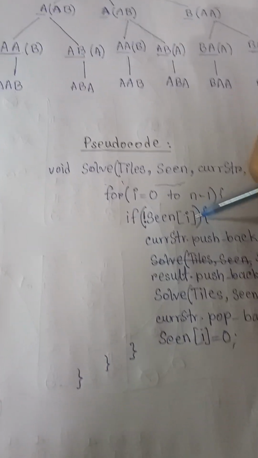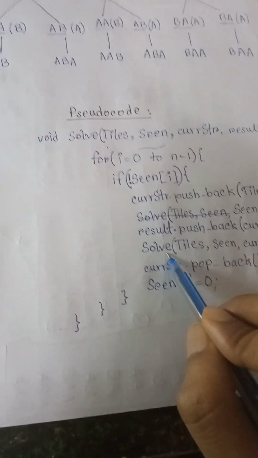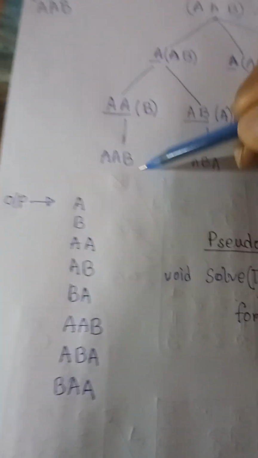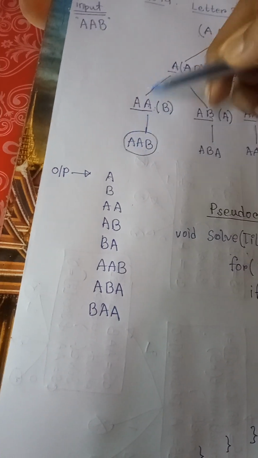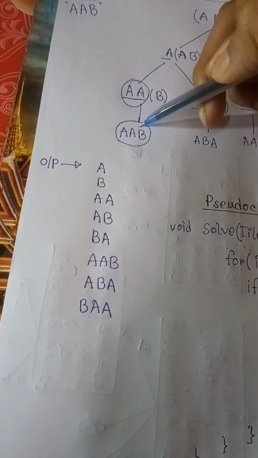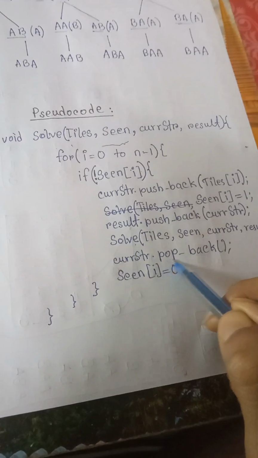So I think you have understood. Now I again call this function, and while backtracking, like here in this case, this string AAB becomes AA, so I am popping the last element. So here you can see the last element is popped.